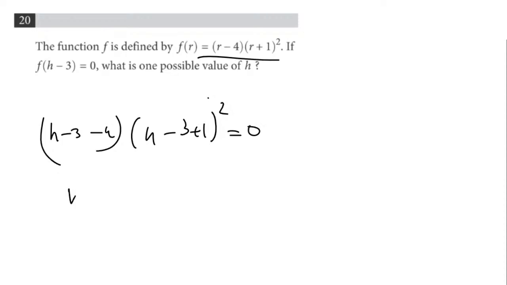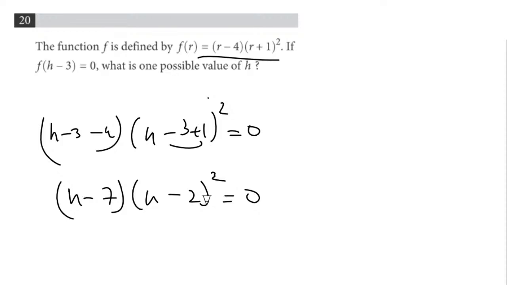So h minus 7, h minus 2 square equals 0. So one possible value is 7 here, or h equals 2. Good with this?